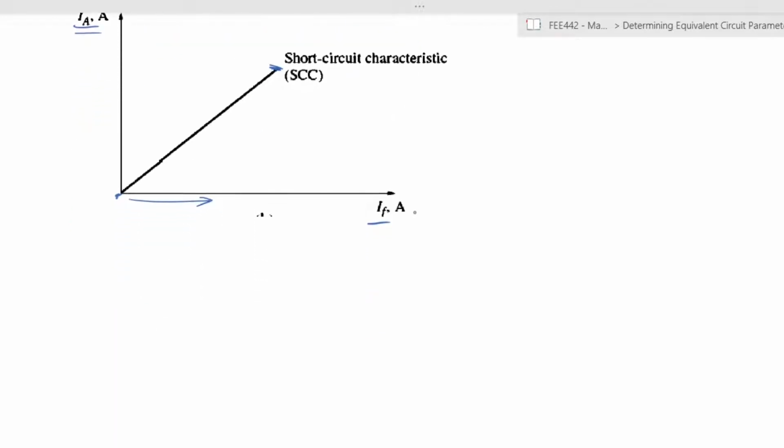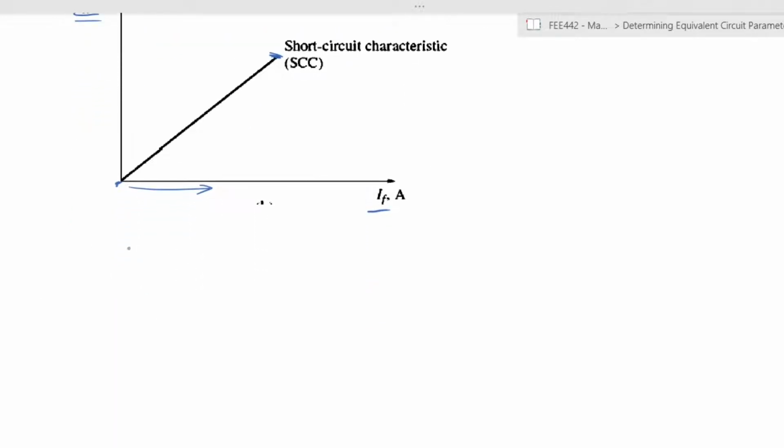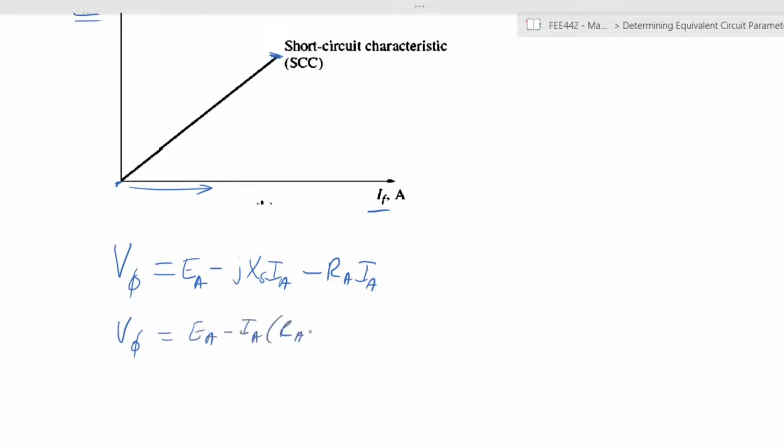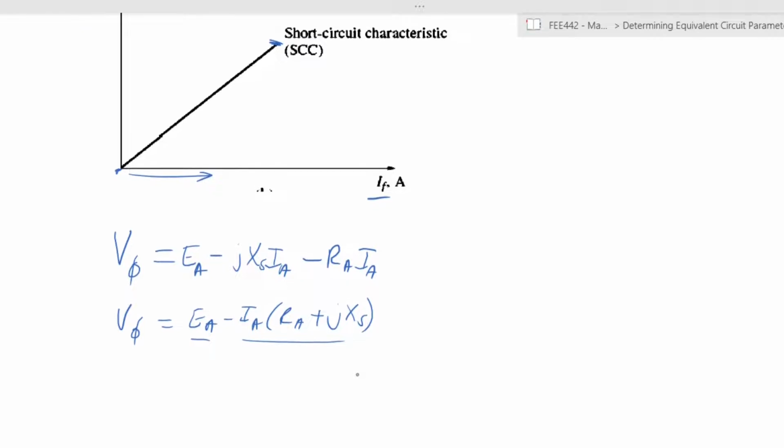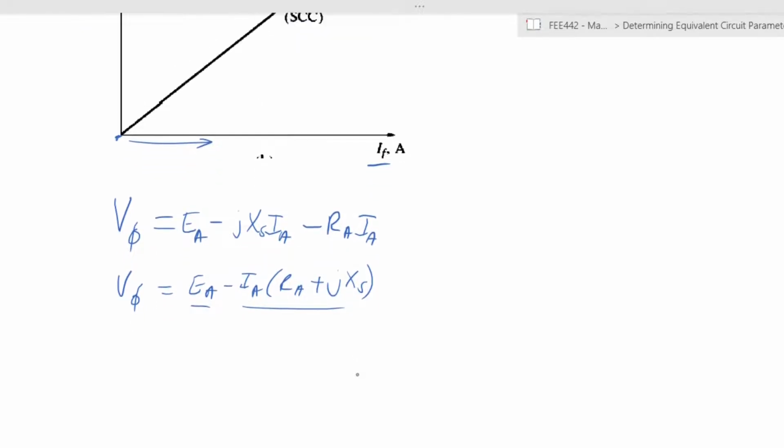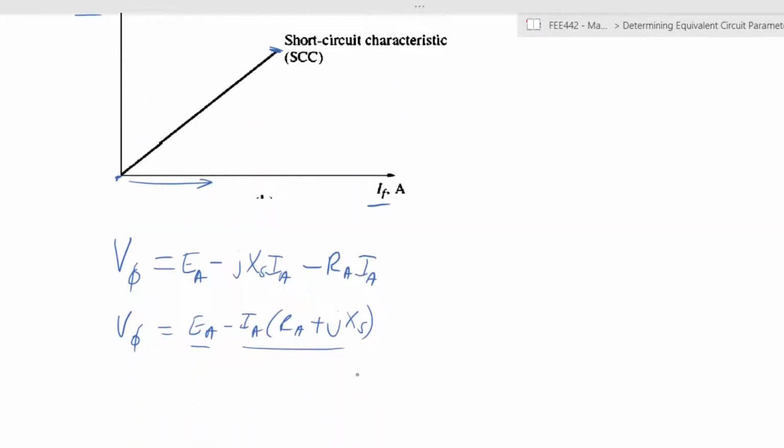Now, when we look at the equivalent circuit, we know that our terminal voltage, let's call it V phi, is equal to internal generated voltage minus jXS IA minus RA IA. If we rearrange that slightly, you have your voltage and your impedances. Now, in short circuit conditions, such as this one, the terminal voltage will be 0.